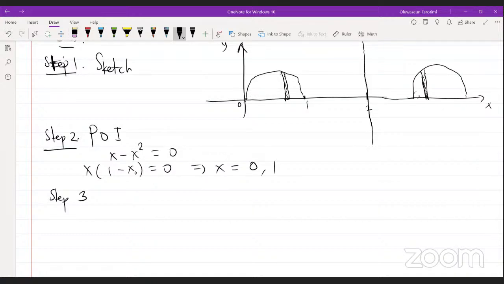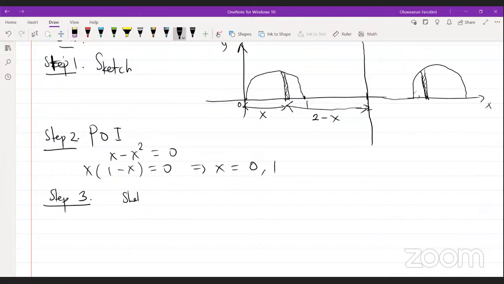So now what does that mean, guys? It means this is my shell, right? The distance from this shell, what is the axis of rotation? This guy. So this part. We don't know what this distance is exactly. Let's call it x. So if this is x, what is going to be this guy? This is going to be 2 minus x. That's going to be exactly 2 minus x.